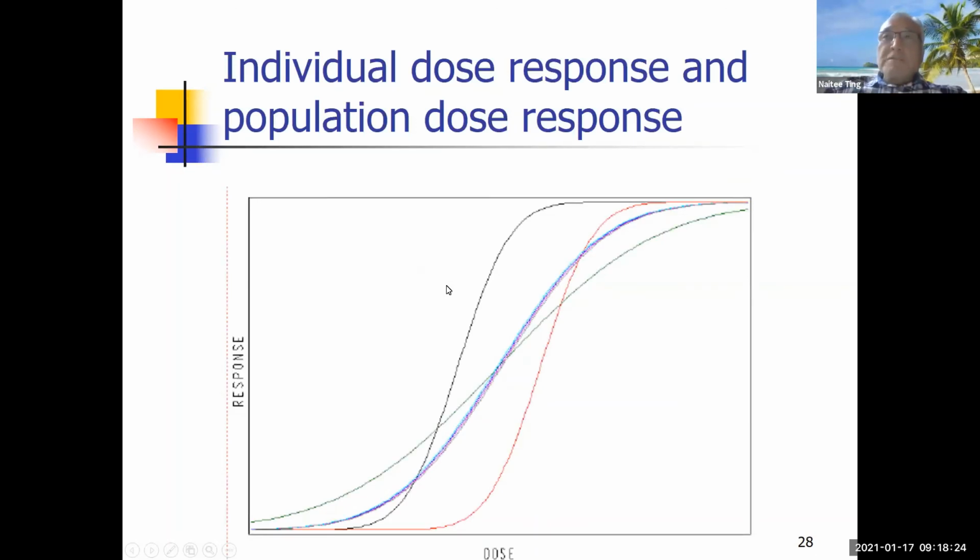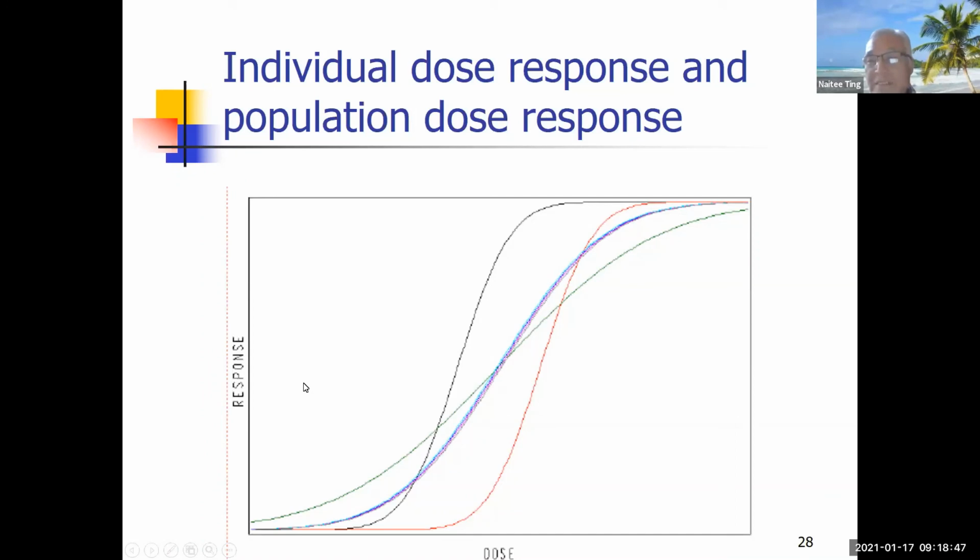The dose response also changes between individuals, right? For example, this might be your dose response for that drug, this may be my dose response for that drug, and this could be the dose response of another patient.